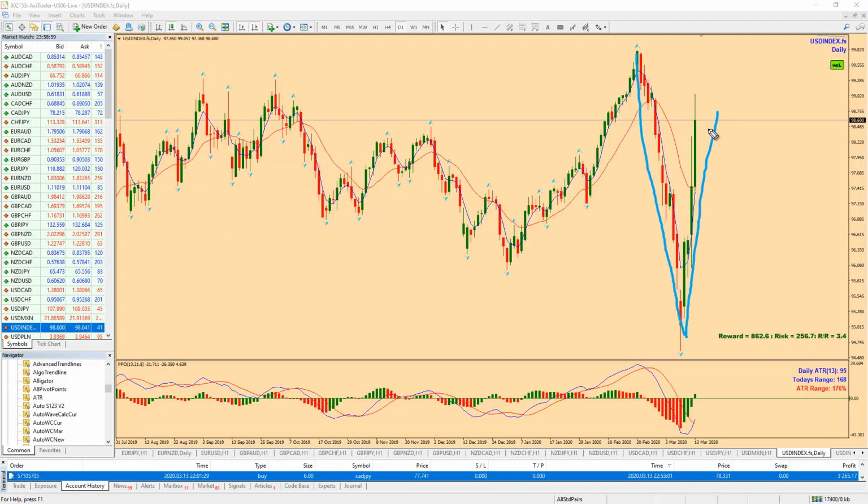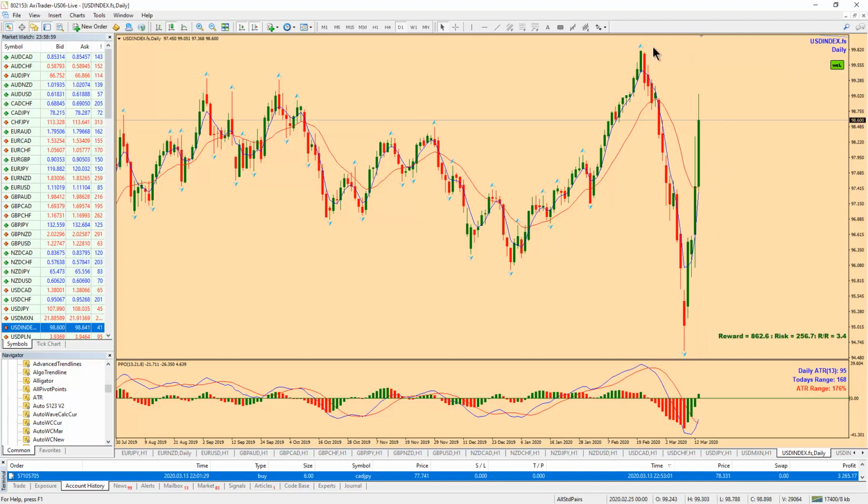So this move up is basically a retracement of the move down. However, we usually expect a retracement to be within 62%, in that area. But in this case, it looks like it's gone well over 78%, 79%. It's gone up a little higher, and that's fine.